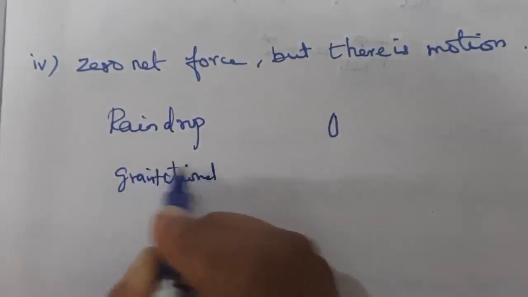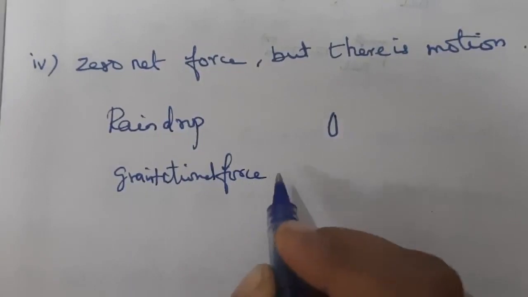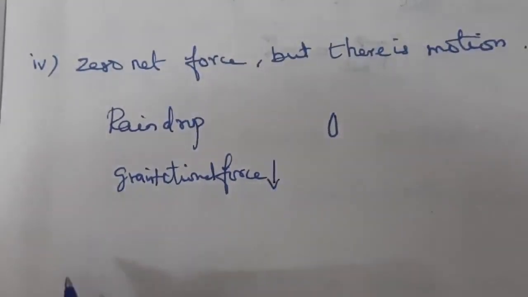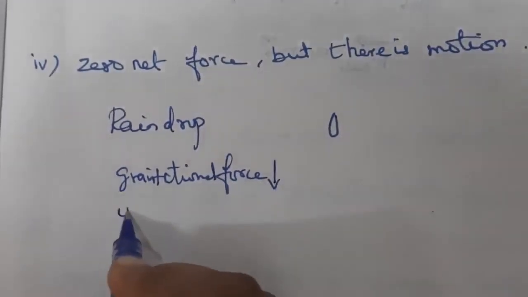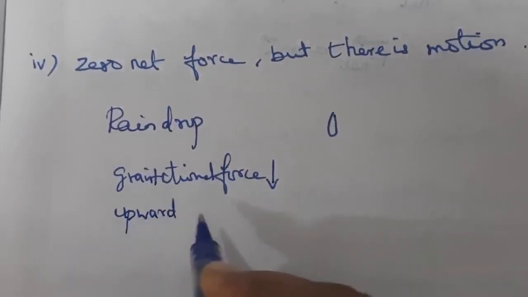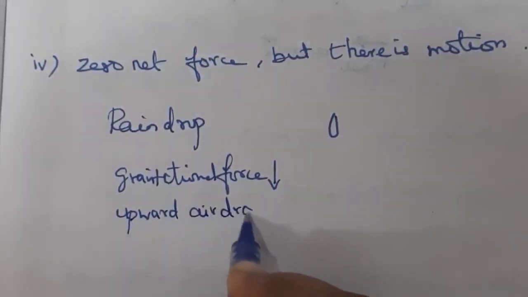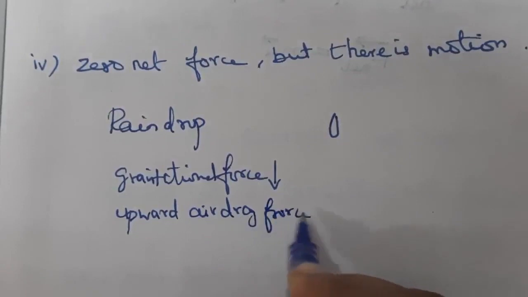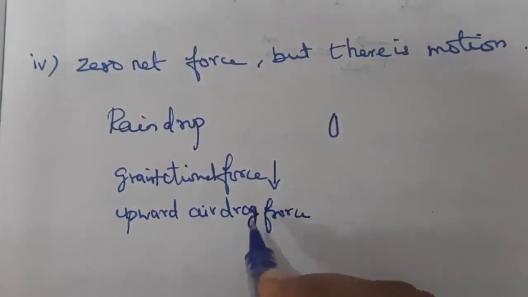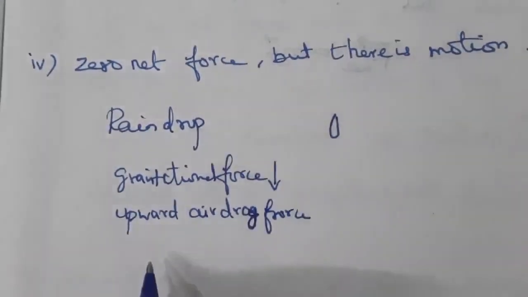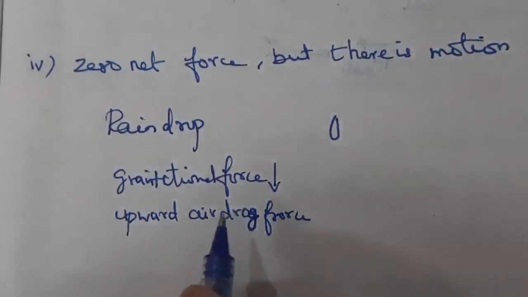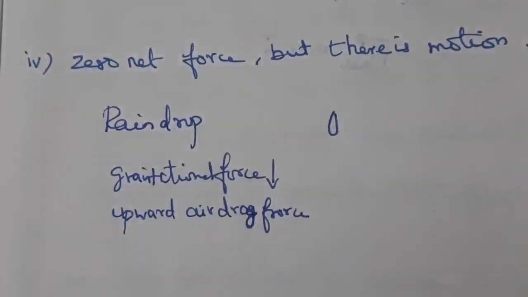gravitational force, that is acting downward. Another force is upward air drag force. There are two forces acting on the raindrop when it comes from the cloud to reach the surface of the earth.